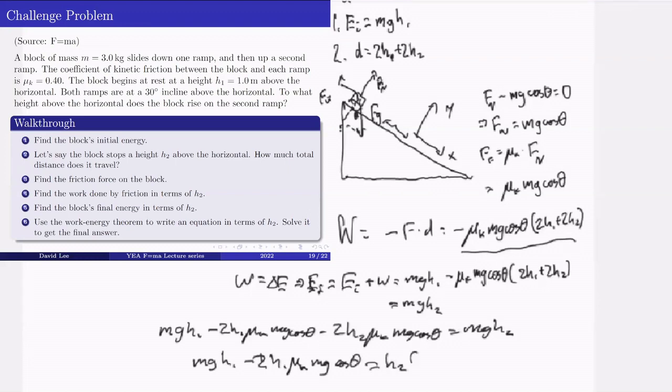We'll have on this side h2 times mg plus 2 mu k mg cosine theta.